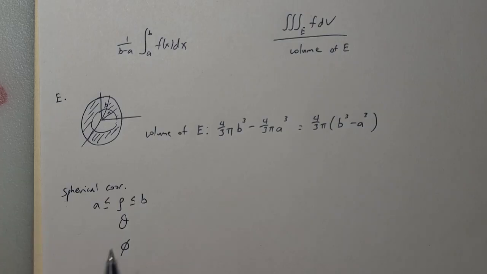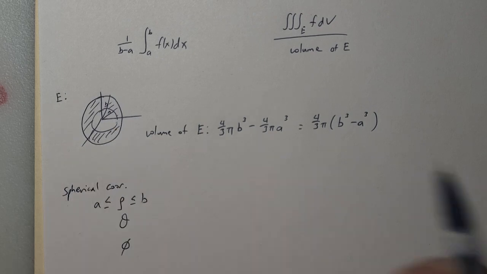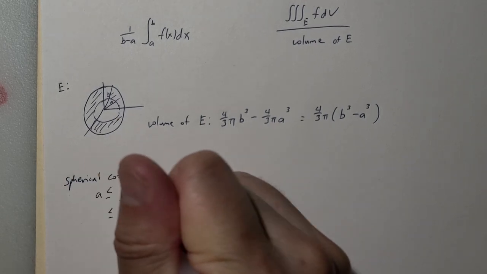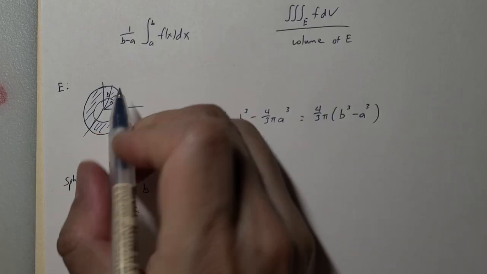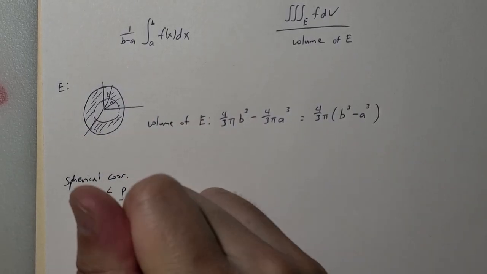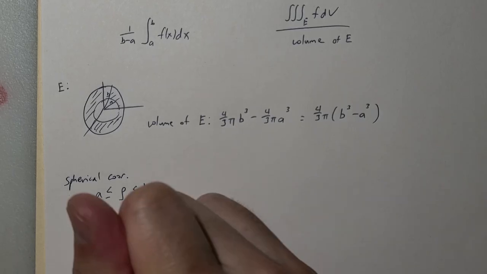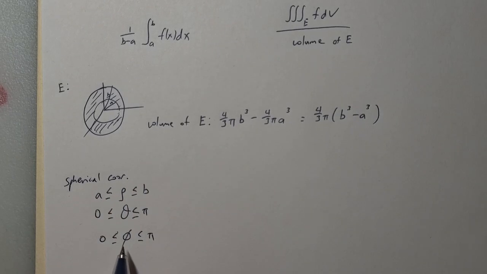Now, what about theta? Theta is the angle from the positive z to the negative z, or the north pole to the south pole. That's how I was taught it. So it covers the whole area, north to south, right? So it'll be 0 to pi. Sorry, that's phi, so 0 to pi for phi over here, okay?